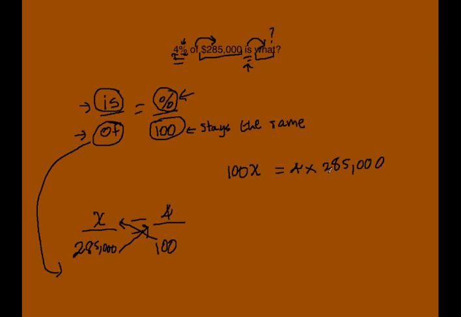So go on the side and do 4 times 285,000 and check what it gives you. 4 times 5 is 20, carry a 2, 4 times 8 is 32 plus 2 is 34, carry a 3, 4 times 2 is 8 plus 3 is 11. So 100x equals 1,140,000.